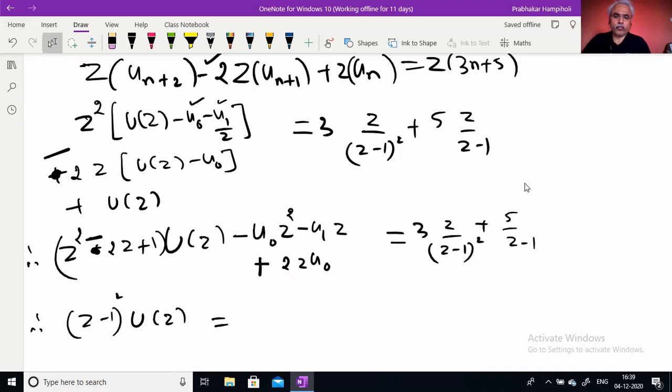If I transform all the functions, 3z by z minus 1 whole square plus 5 times z by z minus 1, plus the u0 z square and u1 z terms, you can definitely write it as u0 z square minus 2z u0 minus u1 z.